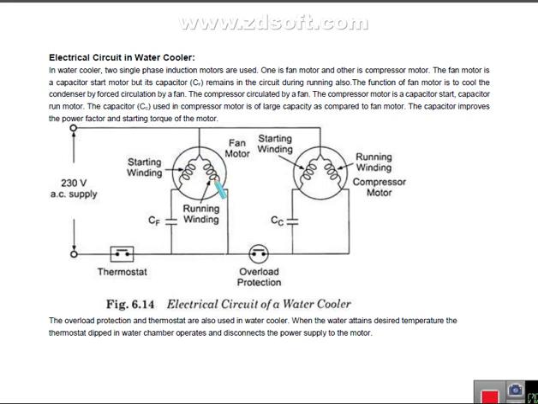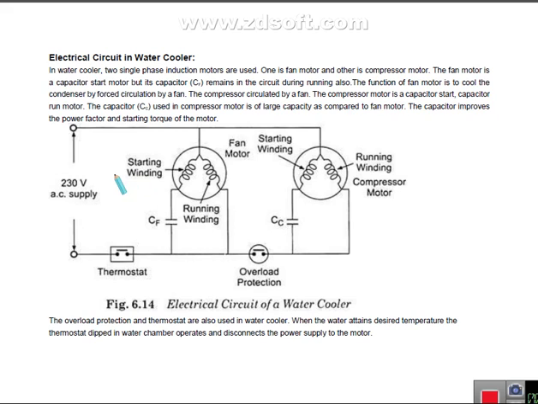The other motor is a fan motor. The work of this fan motor is to cool down the pressurized coolant of the condenser so that it can be forcefully cooled. Both motors are capacitor motors. In each case, the capacitor works for both running as well as starting purposes.